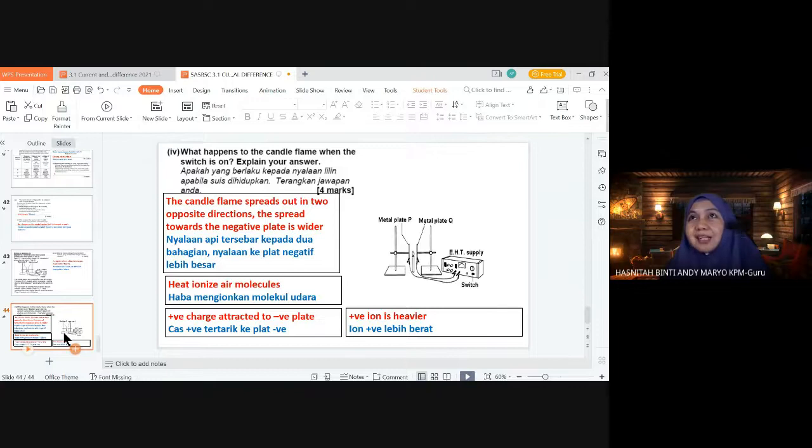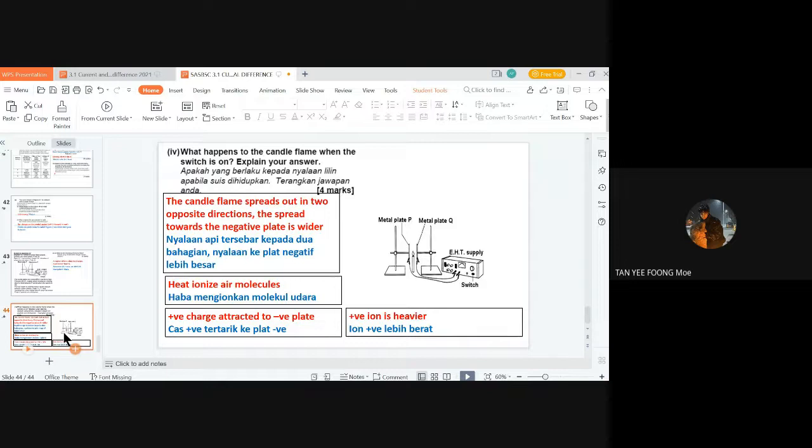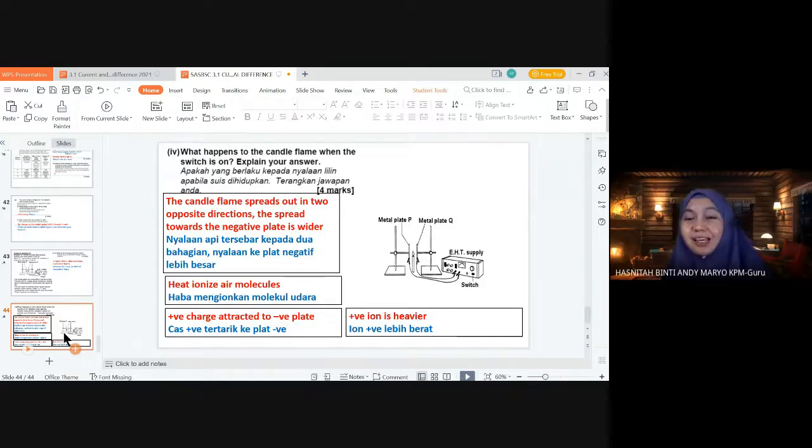Actually, it is the air ions which are attracted to the positive and negative plates, and they pass through the flame. When the ions move, they pass through the flame. So that is why the flame is also attracted to the positive and negative plates. The air molecules bring the flame to the metal plate. Correct.